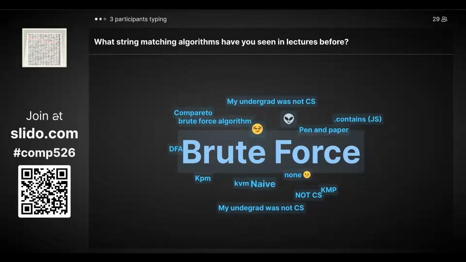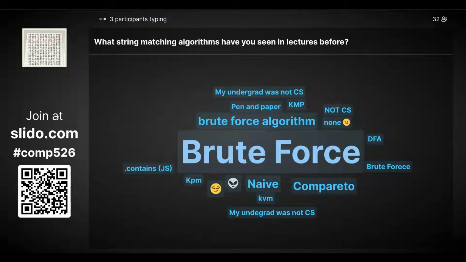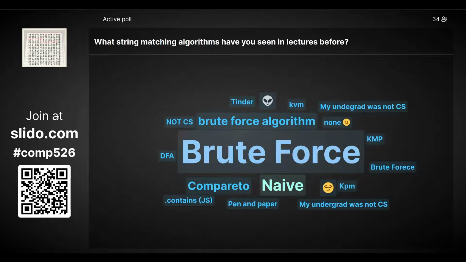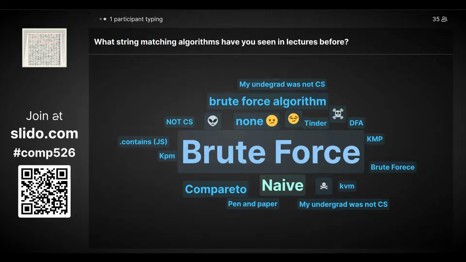Okay, again, it's tough to see from there. So brute force, 9 people voted. 5 people noted none. We're still just at 33, 34. So if you're done voting, send your favorite emoji. Is that our signal? I'm proud of you guys. No poop emoji so far.